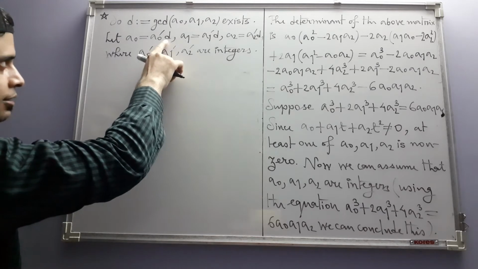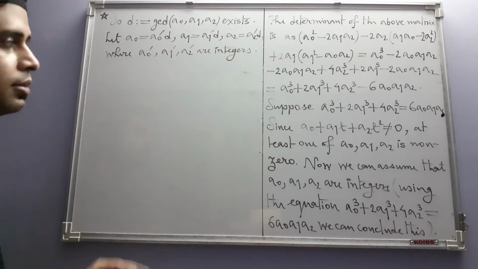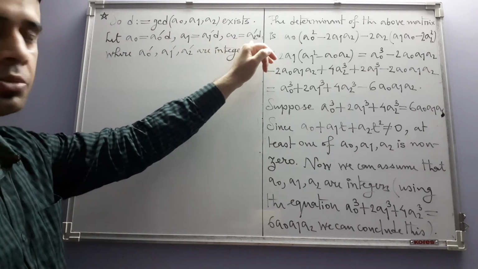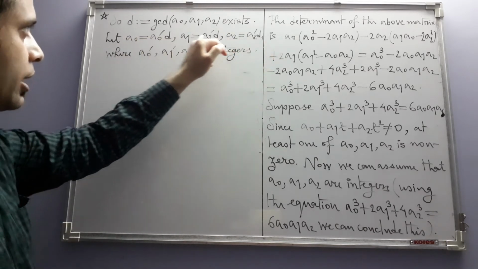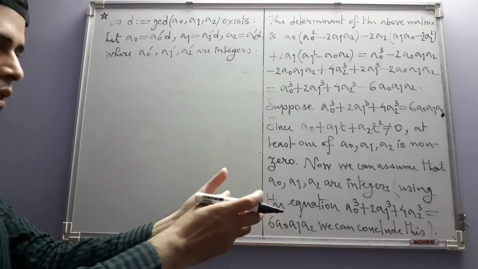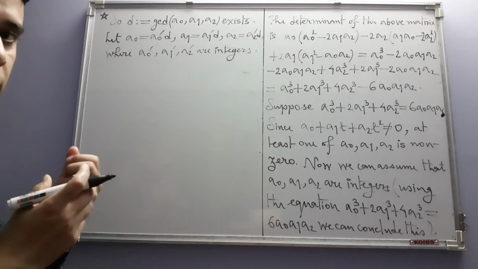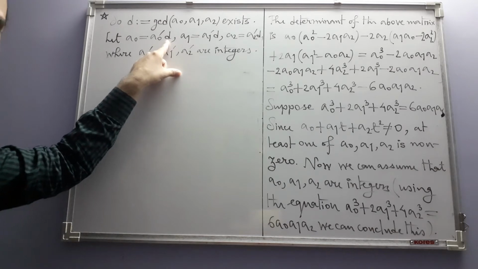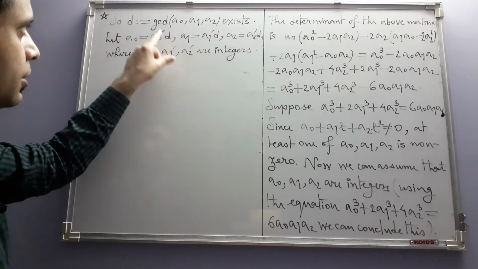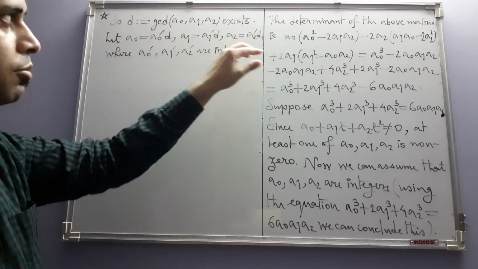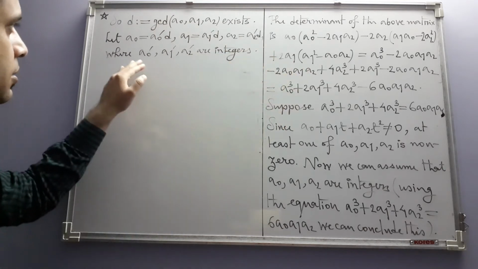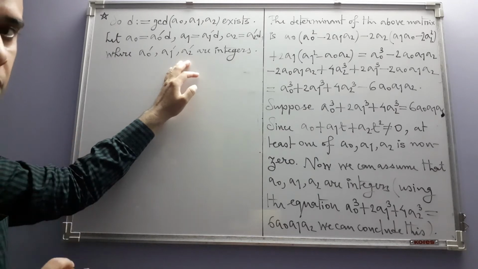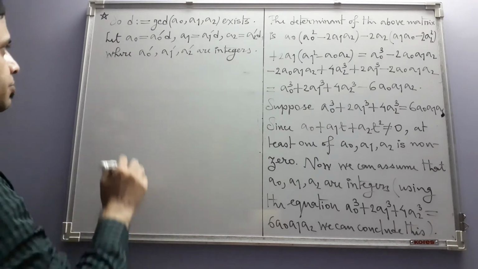That is because whatever common divisor we had among a0, a1 and a2, we have taken all of it out, and that is the greatest common divisor; there is nothing greater. So when that part is removed from all the numbers, whatever is left has no positive common divisor other than 1.